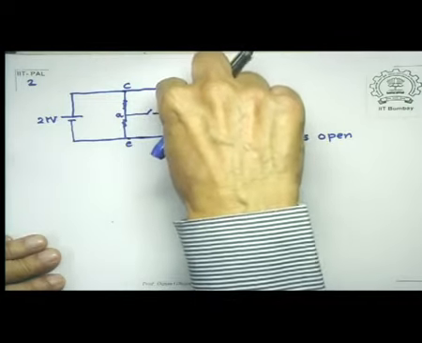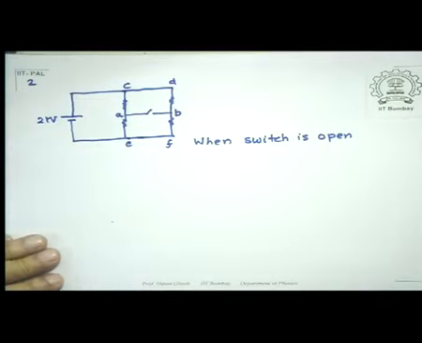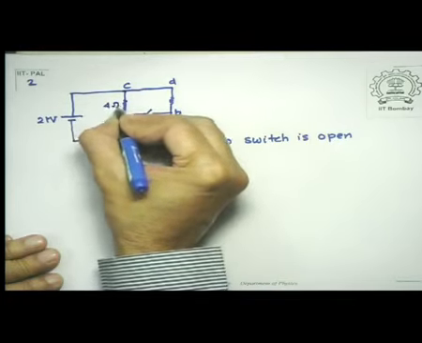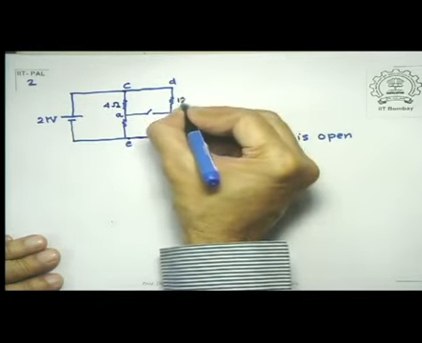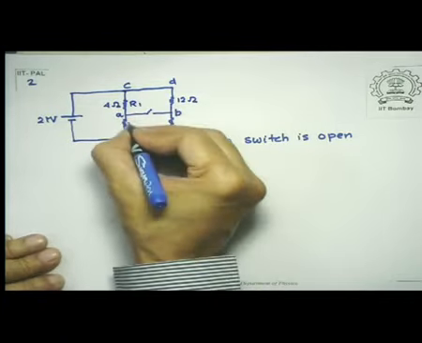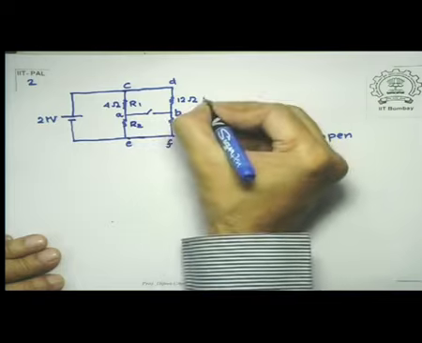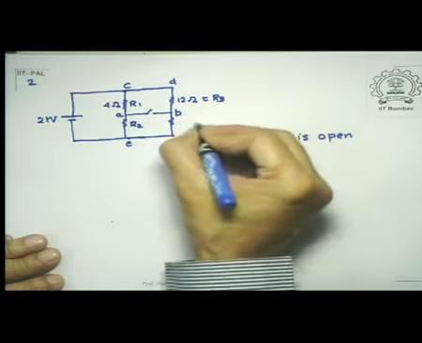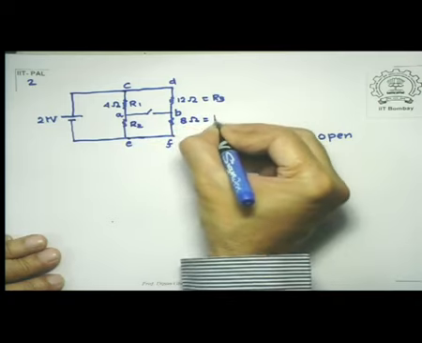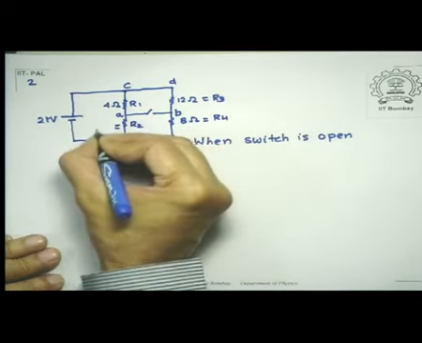Voltage drop across DF is also 21 volts. We had given some numbers to represent so this was 4 ohms, this was 12 ohms. So I called this R1, called this R2, and this is R3, and this is R4. So R4 was 8 ohms, and R2 was also 8 ohms.